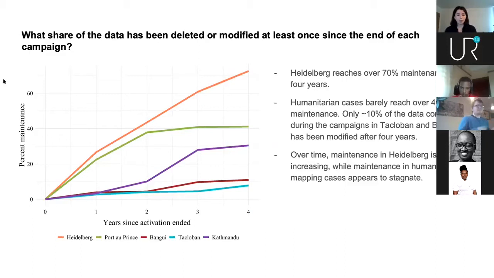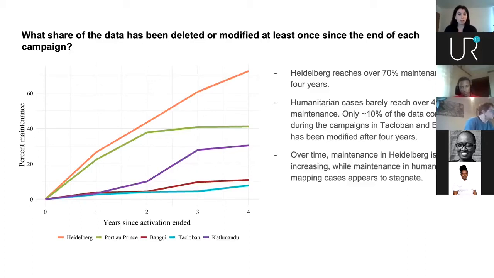And so this figure shows the proportion of features broken down by case study that have been deleted or modified at least once, which is, I think, a pretty low threshold for acceptable maintenance, 0 to 4 years after the end of each campaign.